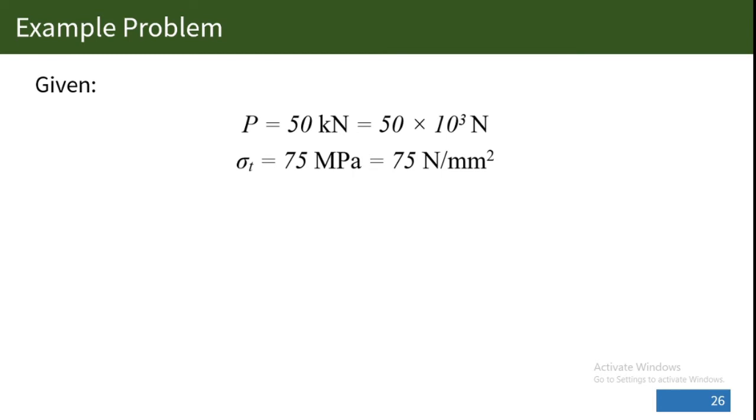So we have given values. The maximum load is equal to 50 kilonewtons or 50,000 newtons, and the permissible stress or maximum stress for the link stock is 75 megapascal or 75 newton per millimeter squared. Let's take D as the diameter of the link stock, which we are required to compute.